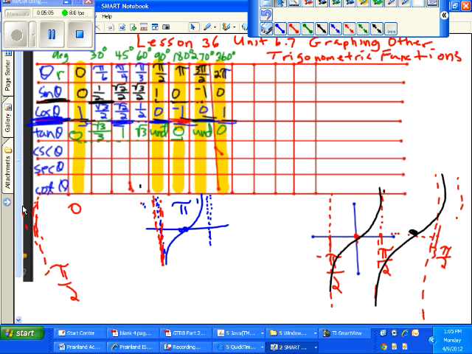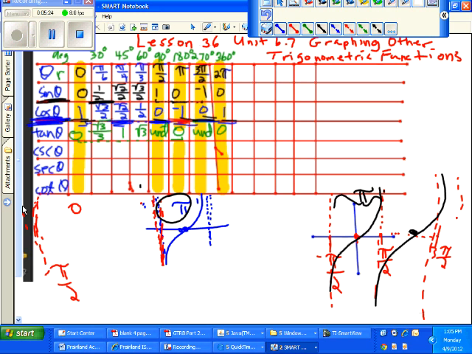So what is the period for the tangent wave? It's pi. That first pi actually happens from negative pi over 2 to positive pi over 2, but it's still a period of pi, you see.